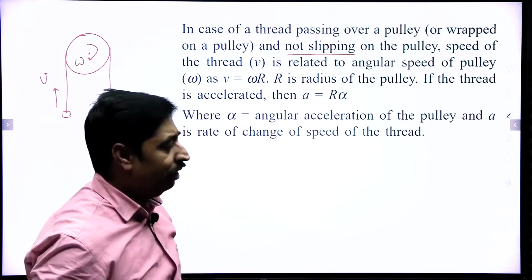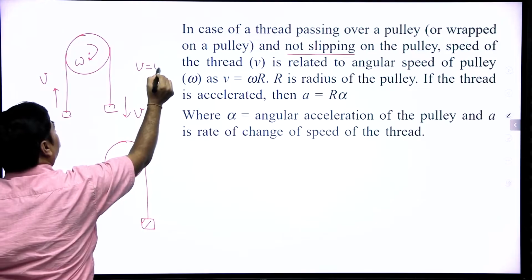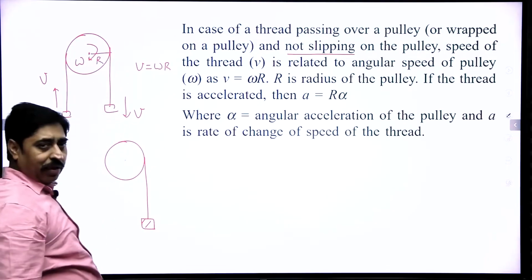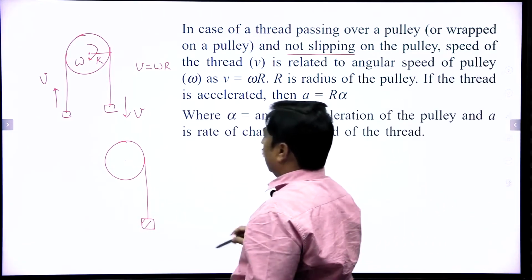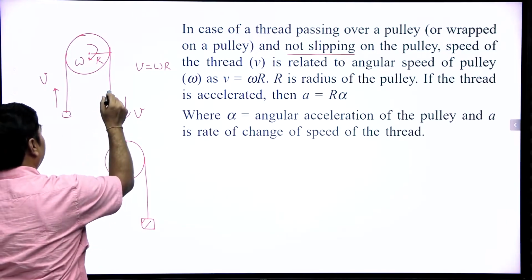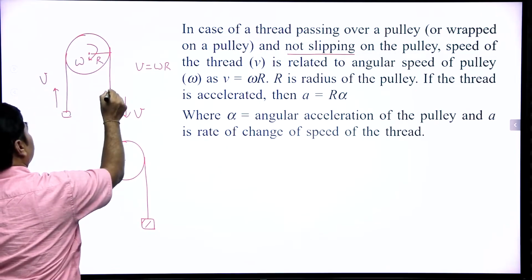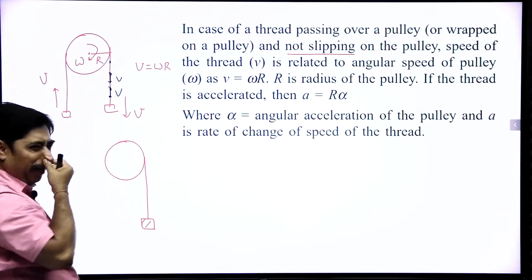When so is the case, in that case, this v and omega are related as v is equal to omega r, where r is the radius, and it is very straightforward to see actually. It is very straightforward to understand. If this point is having velocity v, then obviously this particle is also having same velocity v. Every point on this thread is moving with speed v.